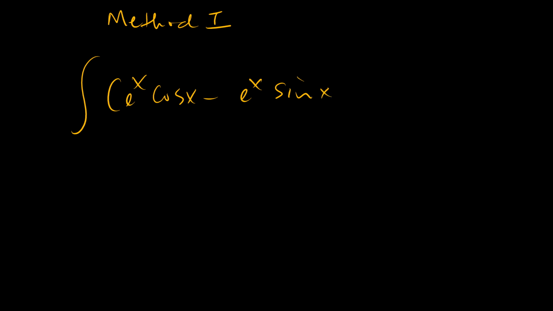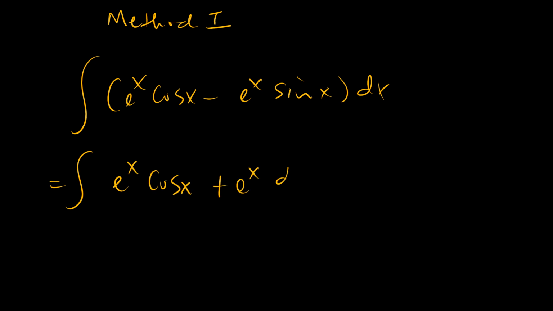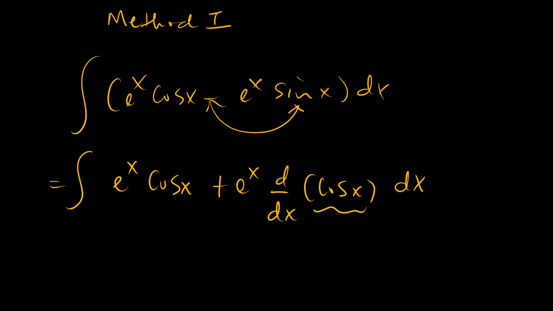So method 1. We're integrating e to the power x times cosine x minus e to the power x times sine x, right? And what we can clearly see here is e to the power x cosine x plus e to the power x times the derivative of cosine x, so negative sine x is the same as the derivative of cosine x.